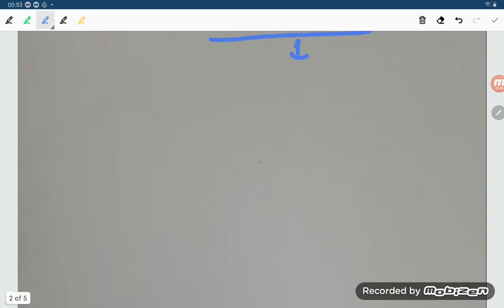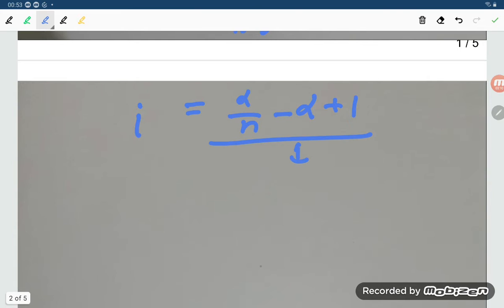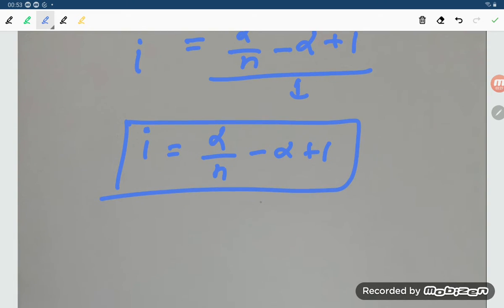So the value of I can be written with this formula: I equal to alpha by n minus alpha plus 1. From this we can calculate alpha.